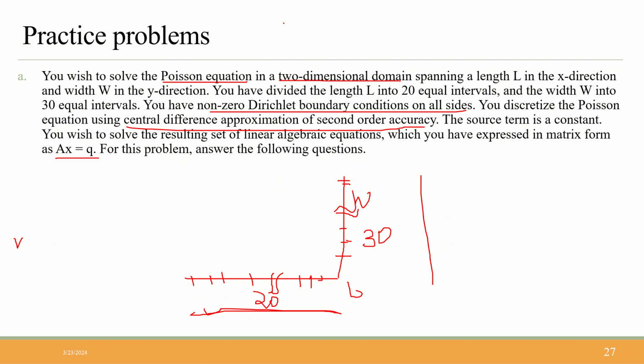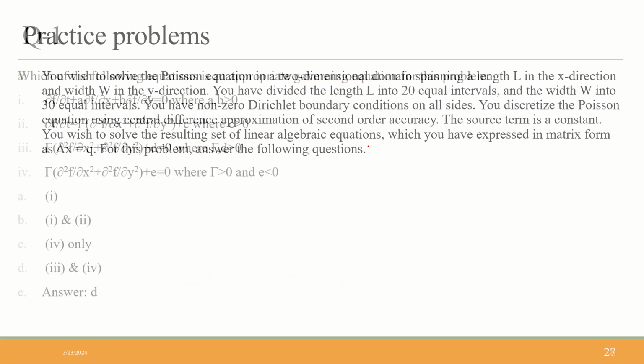You wish to solve the resulting set of algebraic equations, expressed as Ax = q. So A is the coefficient matrix of the domain of interest, x is the variables, and q is some constant resulting from the equations after discretization. So we'll now see the problems.